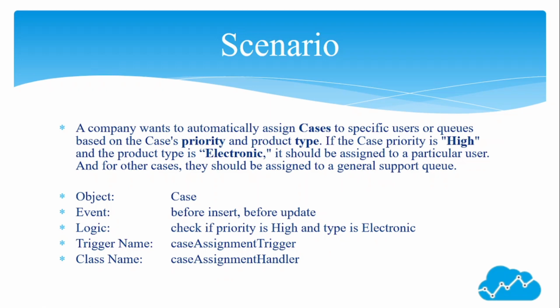If the condition is not met, we are creating a general support queue and putting some users in that queue. So if the criteria is not met, the owner of the case would be the general support queue.